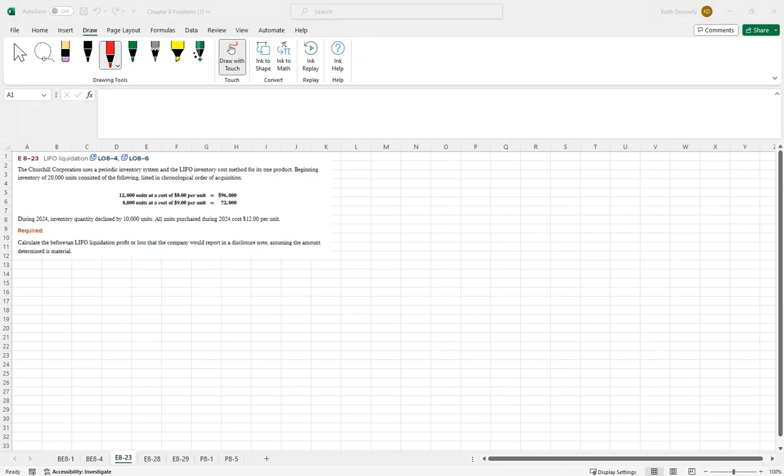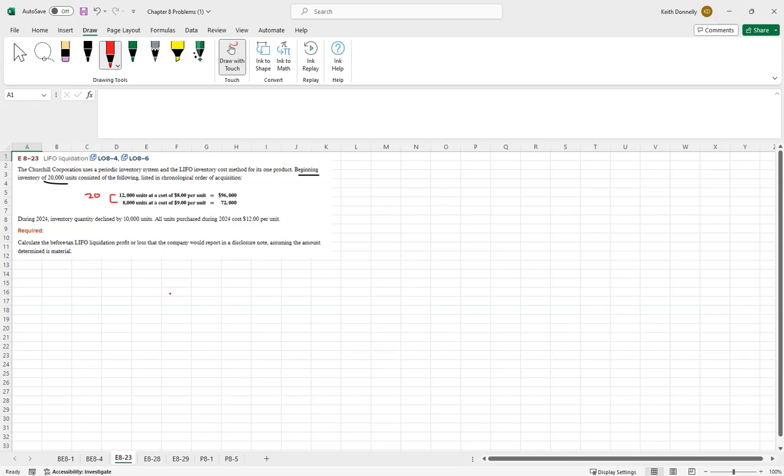All right, let's look at this one here. The Churchill Corporation uses a periodic inventory system and they use LIFO. Beginning inventory consisted of 20,000 units listed in chronological order. So in this case, we began with 20,000 that was comprised of the following: 12, 8, and 9. You can see the total cost with it.